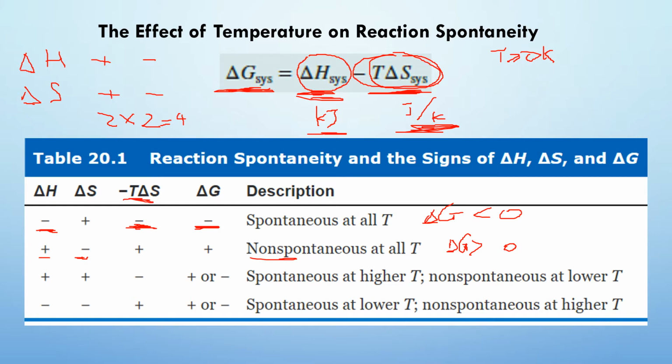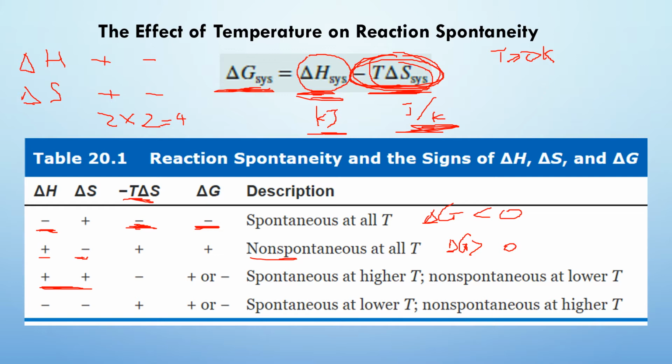So when they are both positive, that means your delta H is positive. You want the term minus T delta S to be very negative, so you want the temperature to be high, so this term is negative enough that overall delta G will be negative.